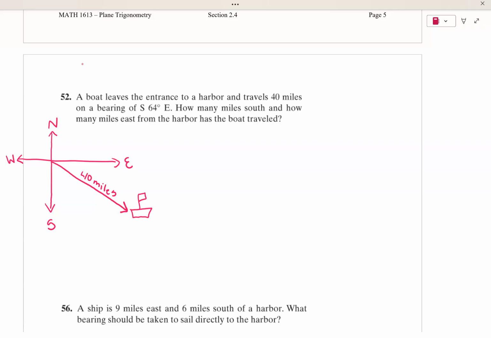I knew to draw it here because it had a bearing from the south of 64 degrees towards the east. So I should probably draw this a little bit longer. It's wanting to know how many miles south did I go, and then how many miles east did I go.